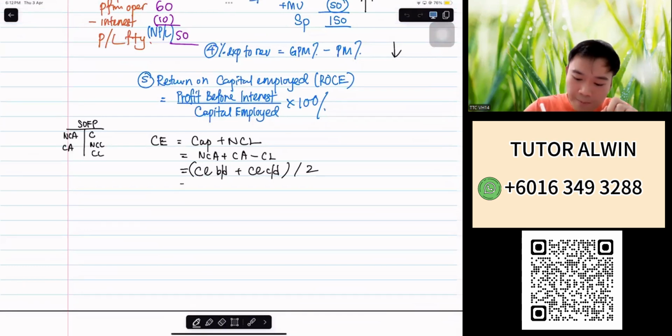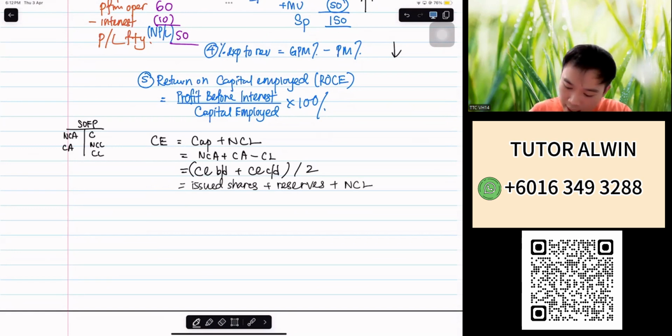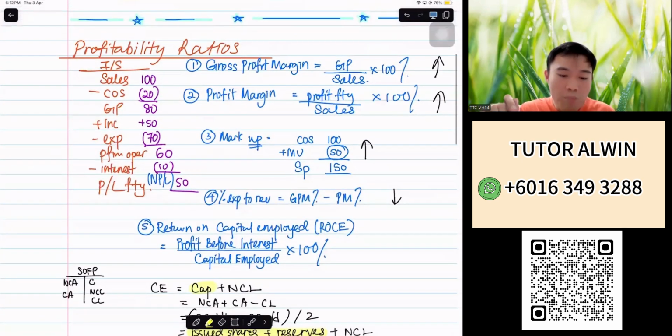And we also have issued shares plus reserves and plus the non-current liability. Okay, this part will be the ones coming from the limited liability companies chapter, limited companies. Because these issued shares and reserves are part of the capital. So this is capital employed, right? So these are your profitability ratios.